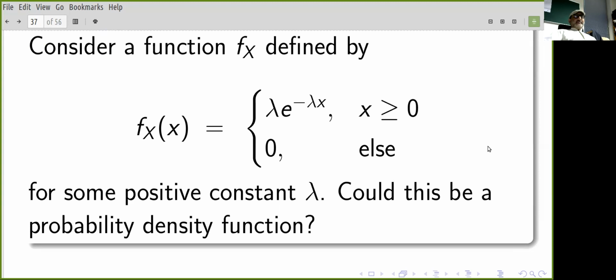Can this be a probability density function? Well, you need the values it takes to always be non-negative. For lambda greater than 0, all the values that it takes are non-negative. And you need that if you integrate this alleged PDF from minus infinity to infinity, you should get 1.